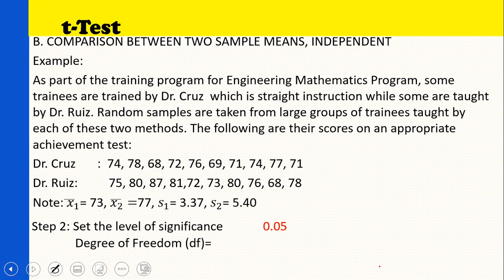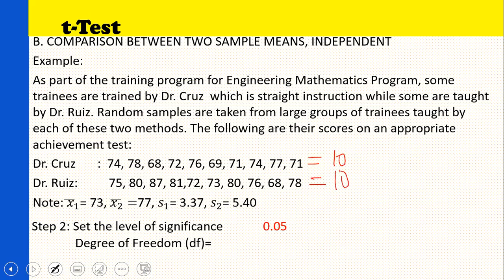And for the degree of freedom here, we have to be cautious on taking down notes of the number of samples. For the first group, we have 10 individuals here. And for the second group, we also have 10.